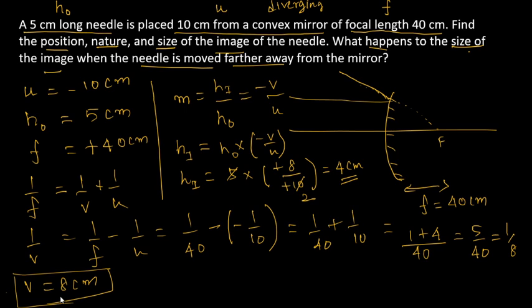So the position is 8 centimeter, that is the image distance. Since it is a convex mirror, you will have a virtual image. That is the nature. And the size is 4 centimeter.